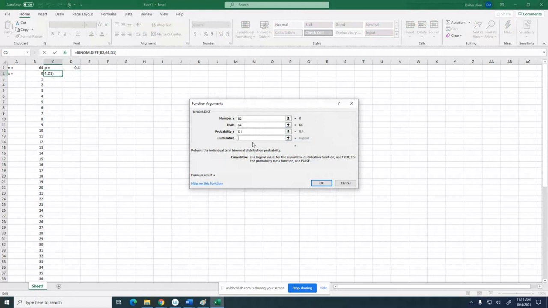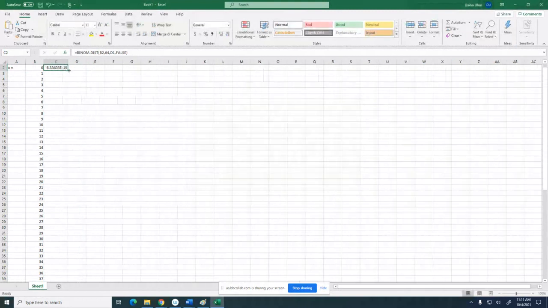One is the cumulative probability, but now I need the individual probabilities. So let me say FALSE in capital letters, because I need the individual, not the cumulative probability.